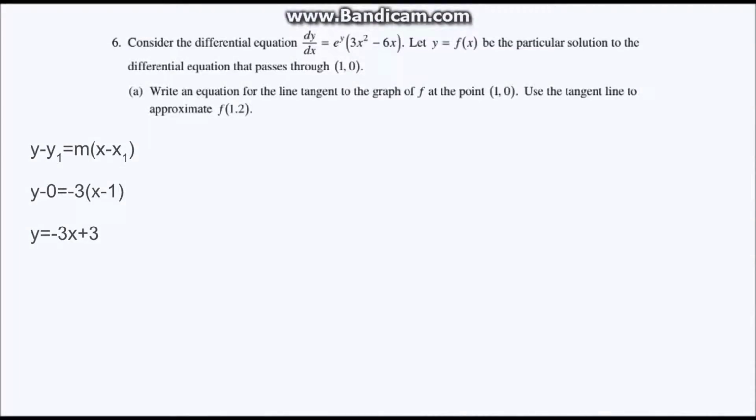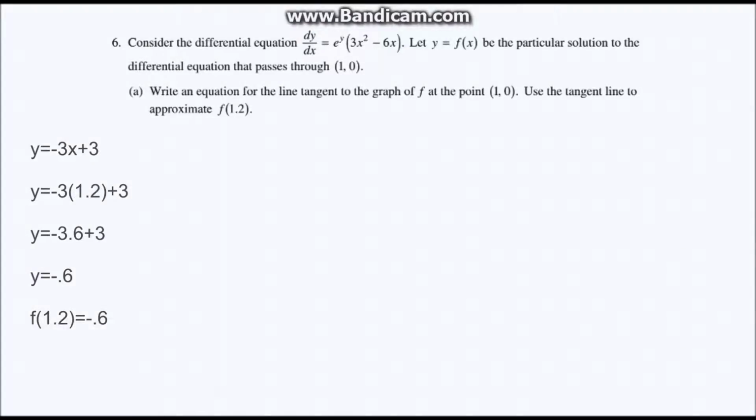Okay, then we must plug everything back into the equation of the tangent line, which is y minus y of 1 equals m times (x minus x of 1). So we plug everything in, and we get y minus 0 equals negative 3 times (x minus 1). Then we distribute, and we get y equals negative 3x plus 3.